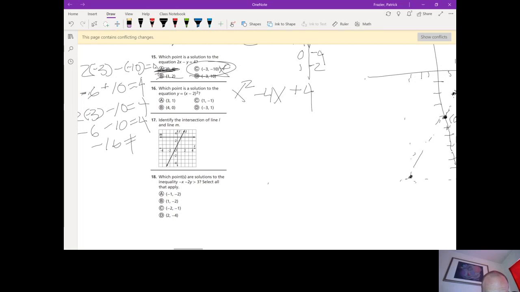So plug in 3. So we have y equals x minus 2 squared.